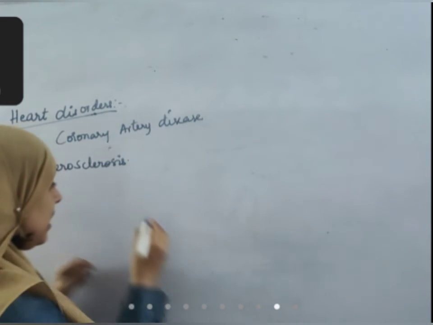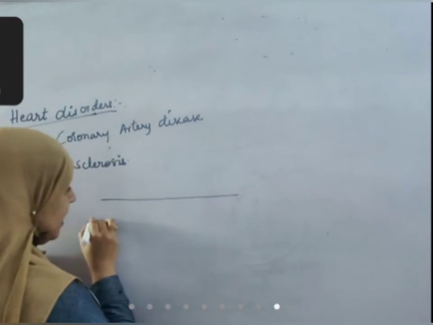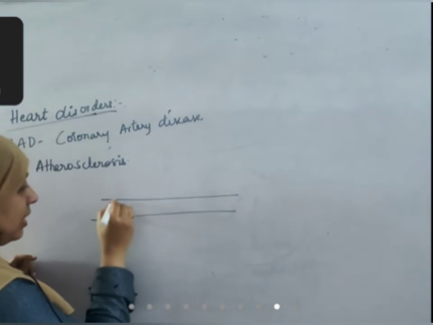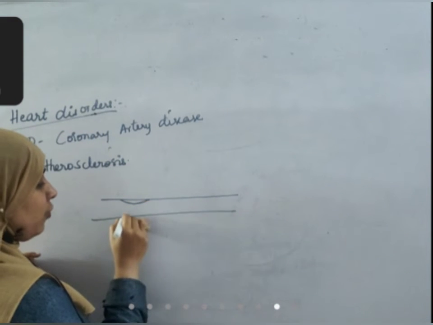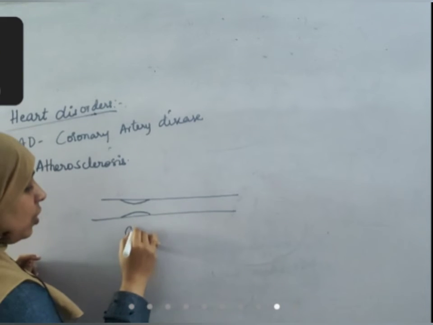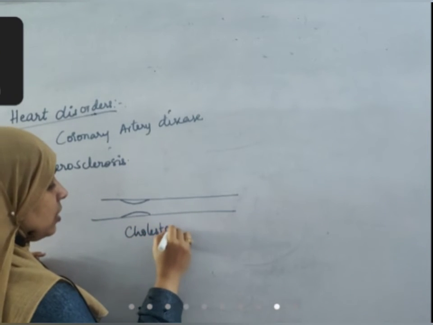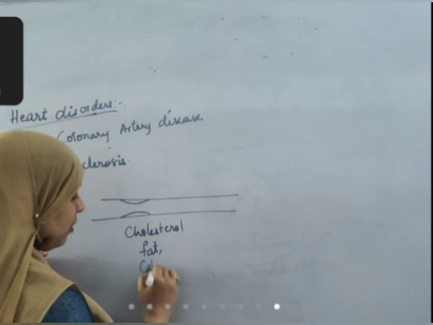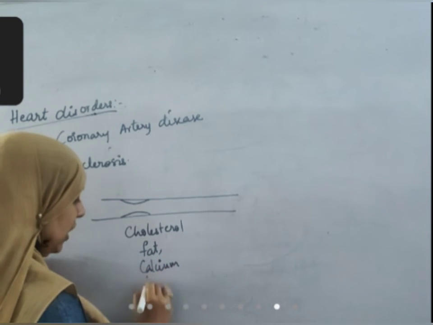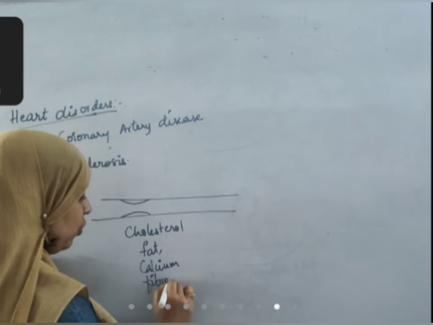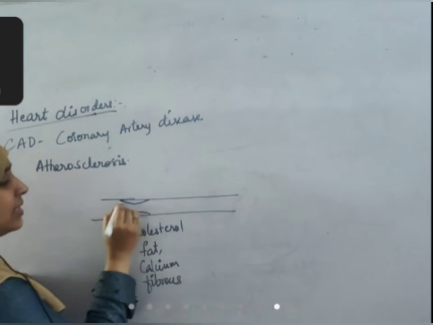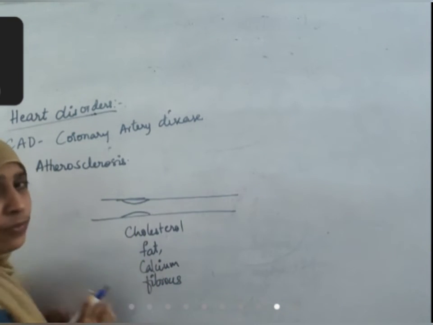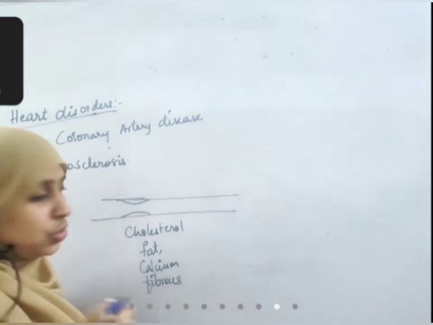What happens is, blood vessel is like this. In this blood vessel, some deposition of cholesterol may take place. Cholesterol may deposit, or fat may deposit, or calcium can deposit, or even fibrous tissue can grow in size. Inside the blood vessels there is a small thin fibrous tissue.